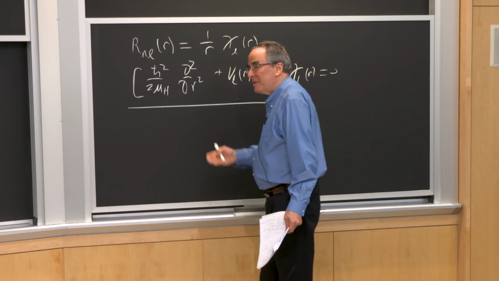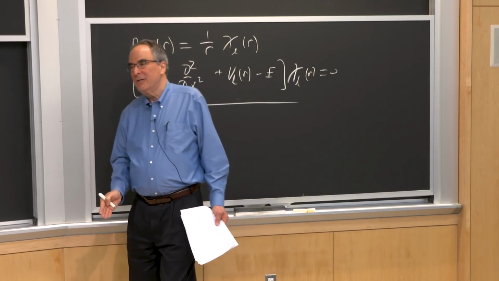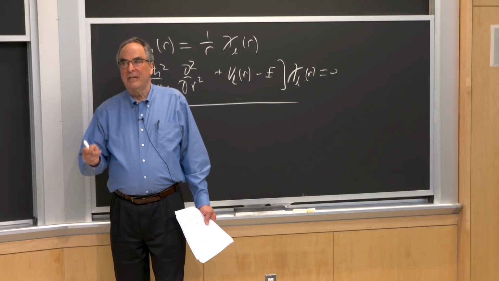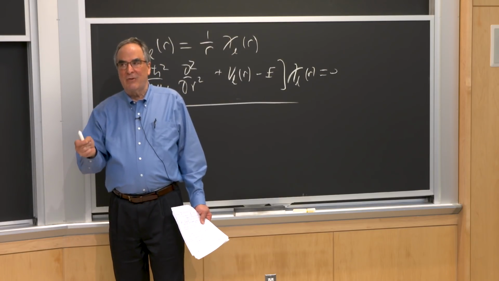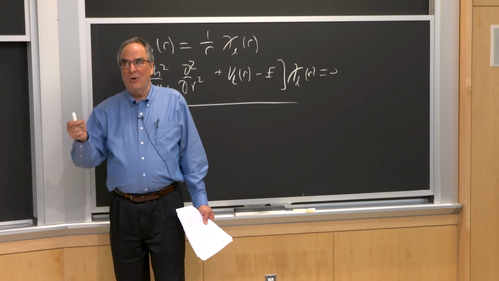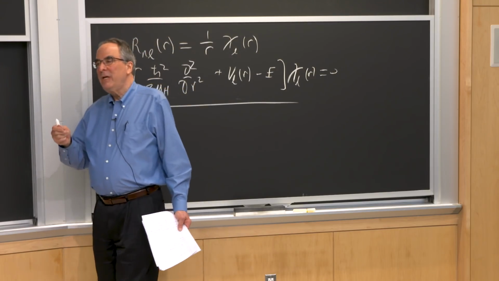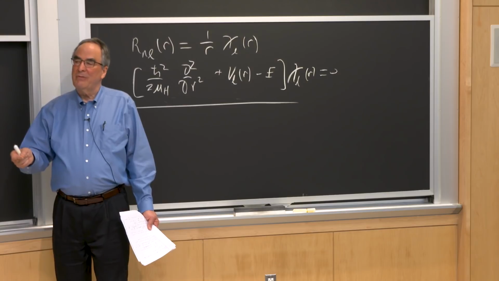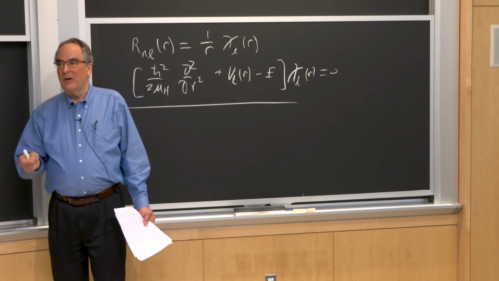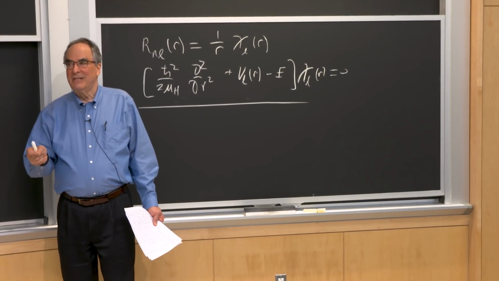One of the problems with the radial equation is the fact that r is a special kind of coordinate. It can't go negative. And so treating the boundary condition for r equals 0 is a little subtle.